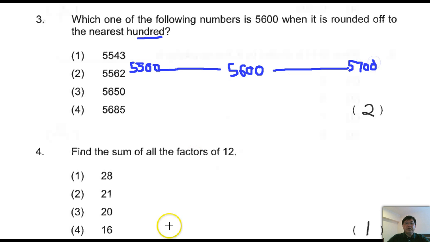Okay, now let's take a look at the range of numbers. If you write your midpoint here, and the midpoint over here, the midpoint is 5650.